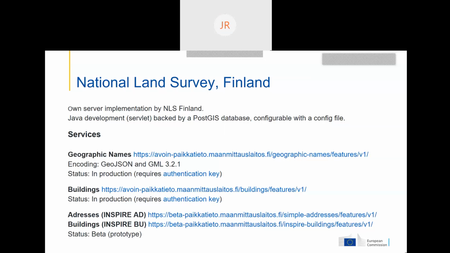So when this presentation is available in GitHub, you can click on that link and you will go to the English page of registration, which is a really simple process. You just type in your email address and you will get a response where you have your authentication key.